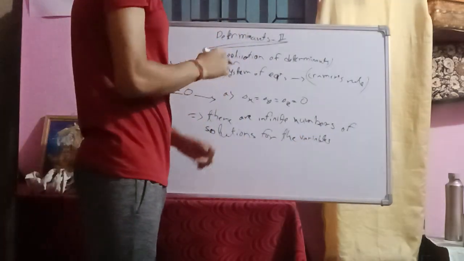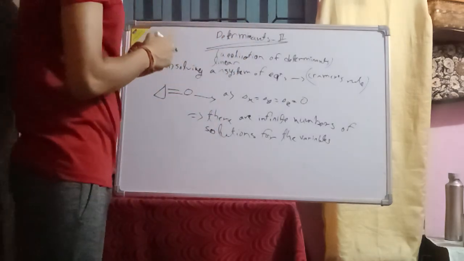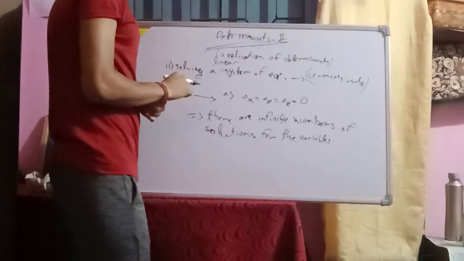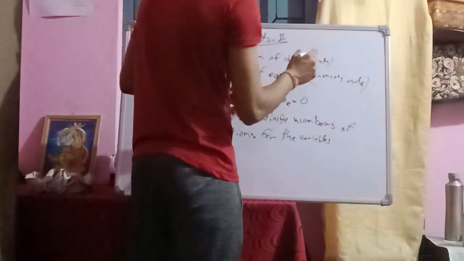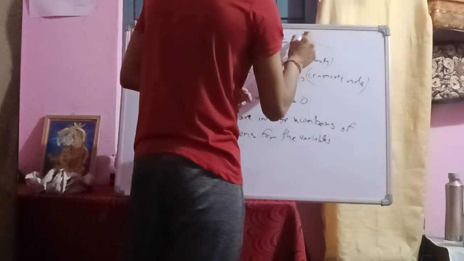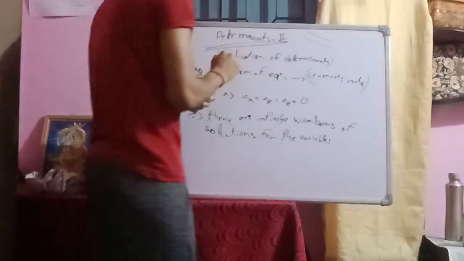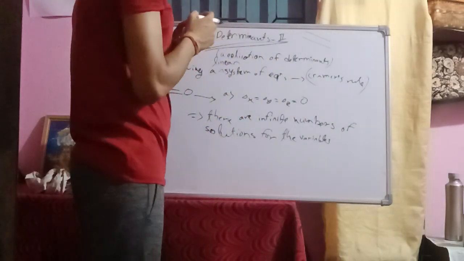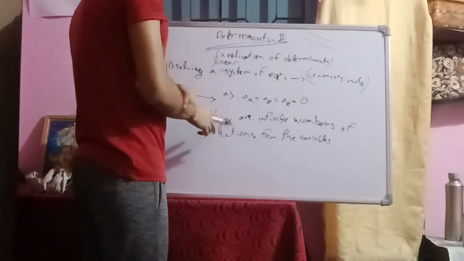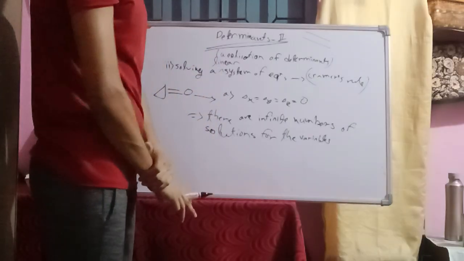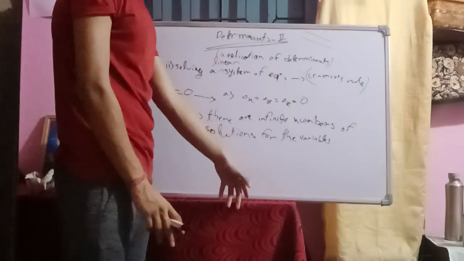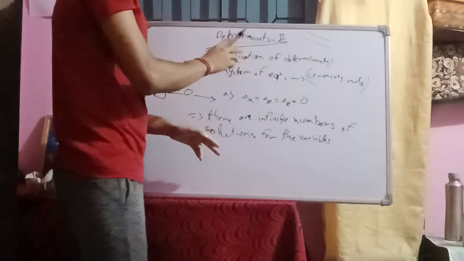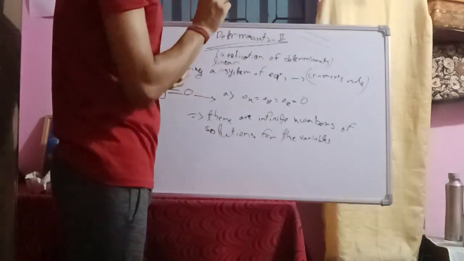So this means there are an infinite number of points where the straight lines are intersecting with each other. Let's say you have two straight lines, each with their own equation. In such a case, you will have two equations. That means these two straight lines are intersecting with each other in an infinite number of points.